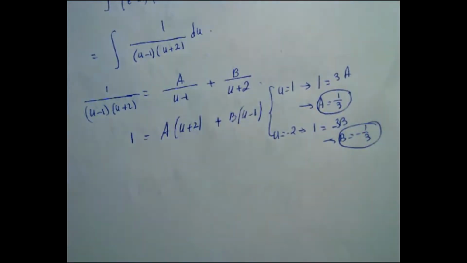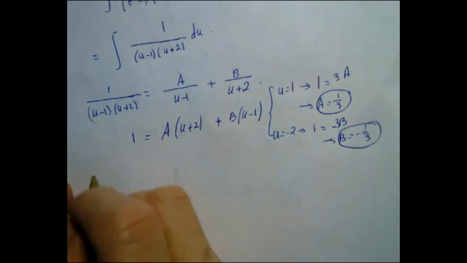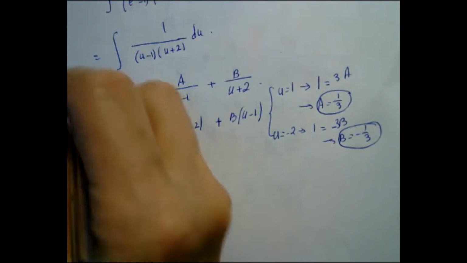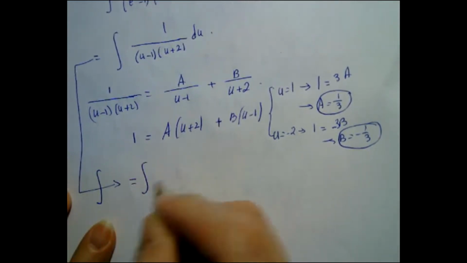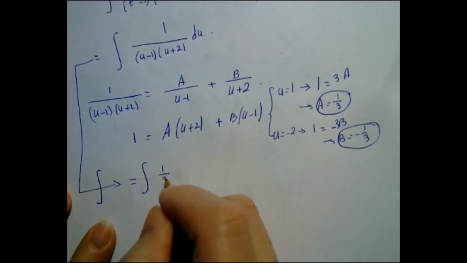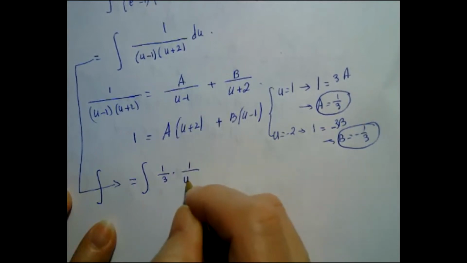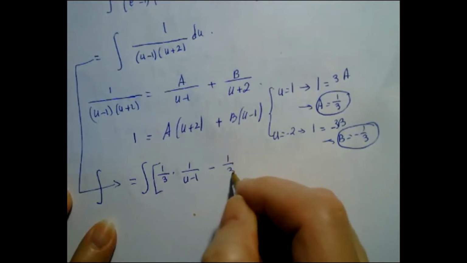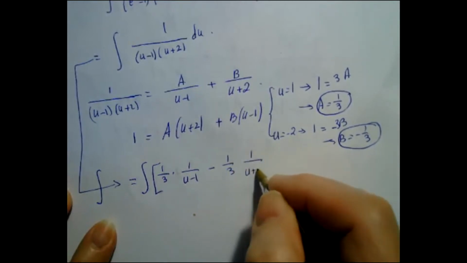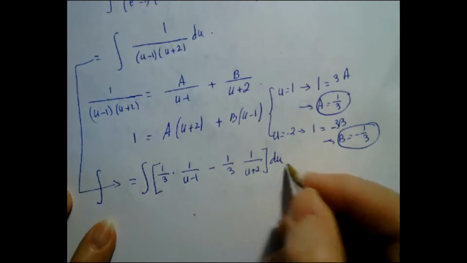Done. All right, so this tells me that this integral is equal to the integral of a, which is 1/3 times 1 over u minus 1, plus b, which is minus 1/3, 1 over u plus 2, du.